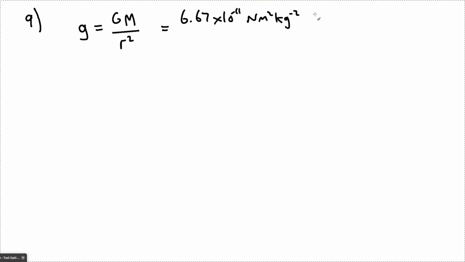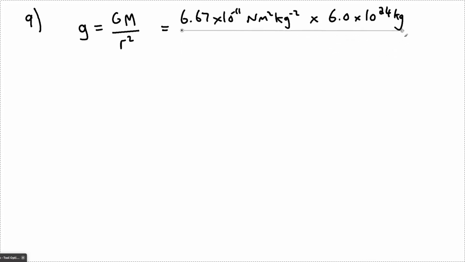Again, we can look that up in our data book. We can look up the mass of the Earth, bottom left of the first page of our data book, but we're given it in this question in any case. So we're told to take it in this case as 6.0 times 10 to the 24 kilograms, or you can use 5.97 times 10 to the 24, that's in your data book.